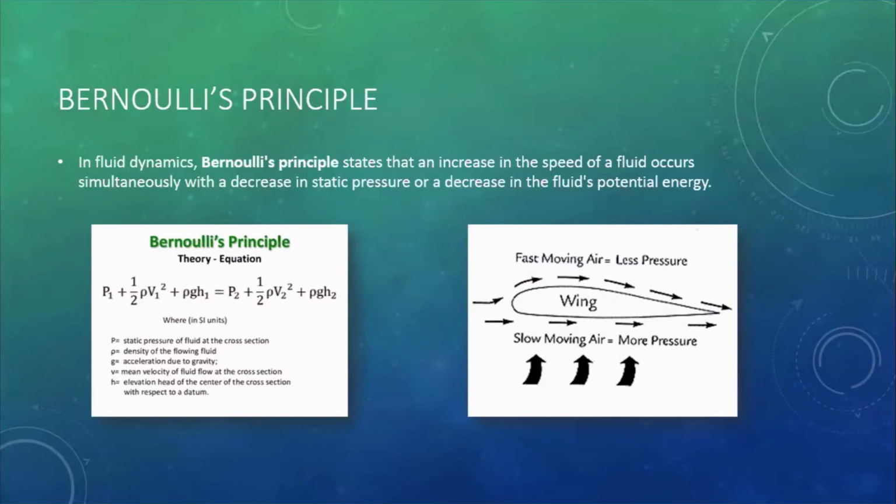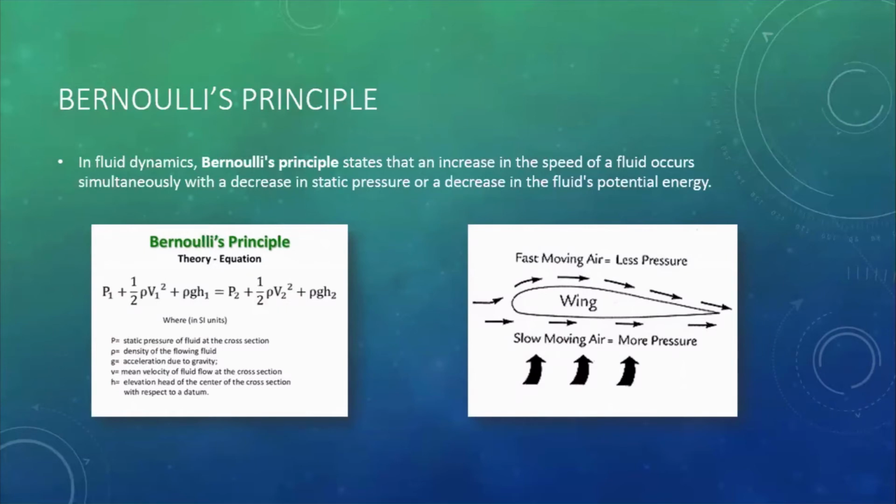We can see that it is given by Bernoulli's equation, which is P1 plus one half rho v1 squared plus rho g h1 is equal to P2 plus one half rho v2 squared plus rho g h2.